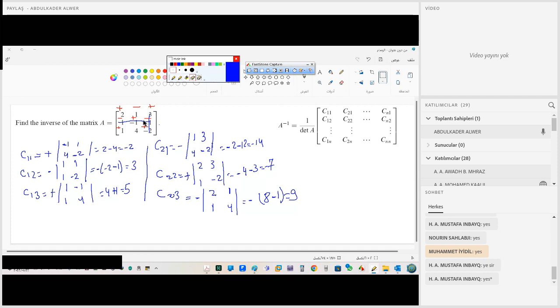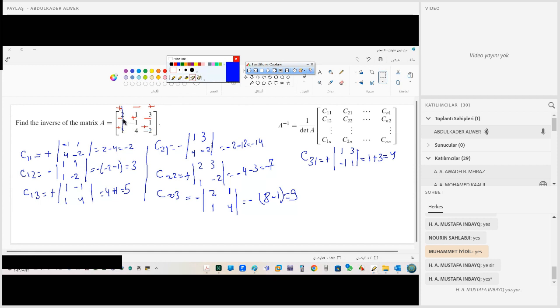Now, last thing here. C31, it is positive 1 minus 1, 3, 1. It is 1 positive 3 equal 4. If any mistake, excuse me, tell me. We'll check again.